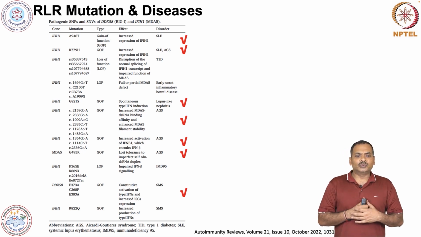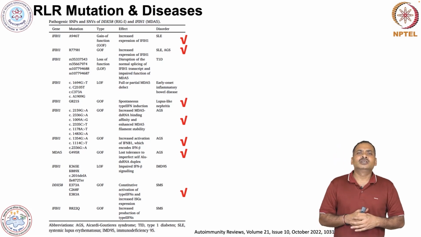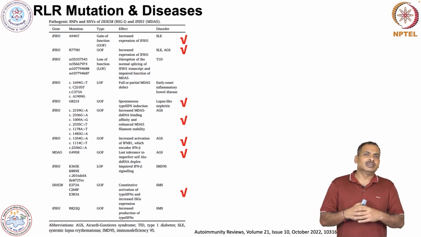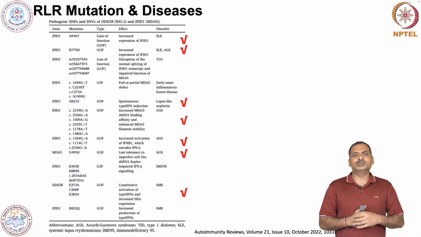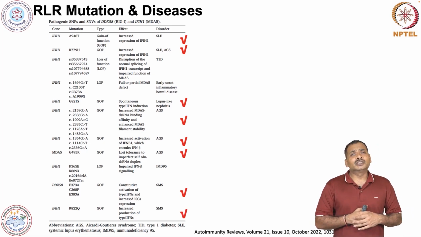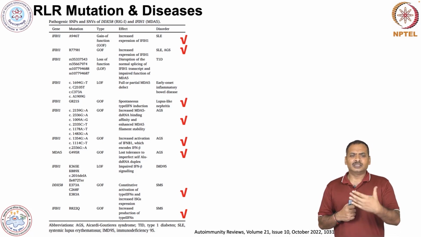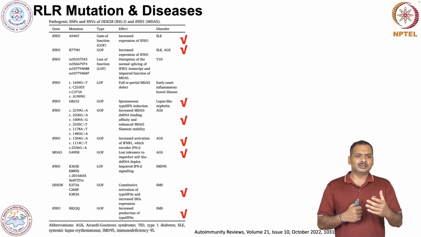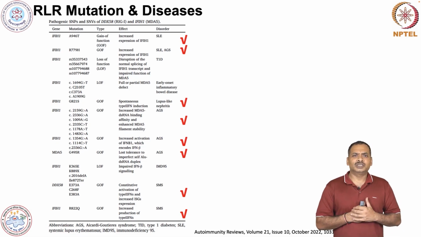And please note one thing: if there is a persistent increase in type 1 interferon, then that will result in a pro-inflammatory condition in the host, and that will be a disease condition. Another mutation associated with MDA5 that results in Singleton-Merten syndrome again has some mutations, and these mutations result in increased production of type 1 interferon.